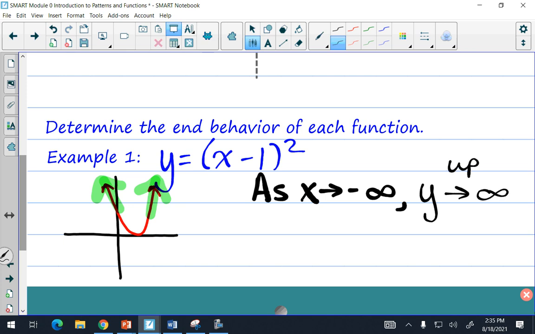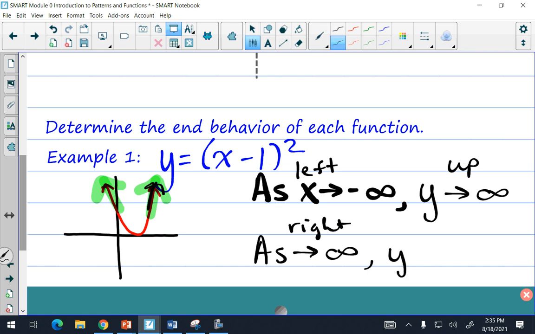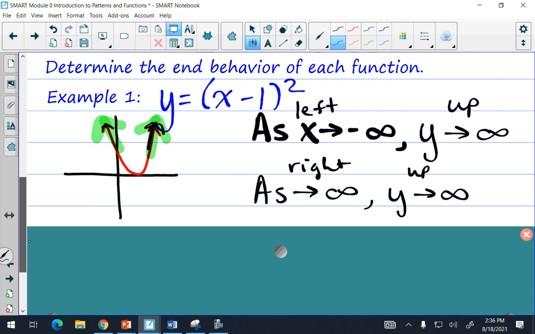So on the left, it's going up. Now, as x approaches positive infinity, that's this side here, so that's the right side, y approaches infinity. It's going up. Okay. Let's look at another example. Pause if you need to.